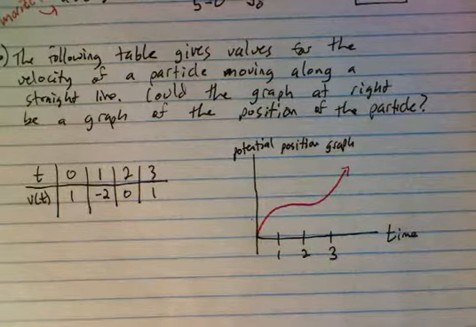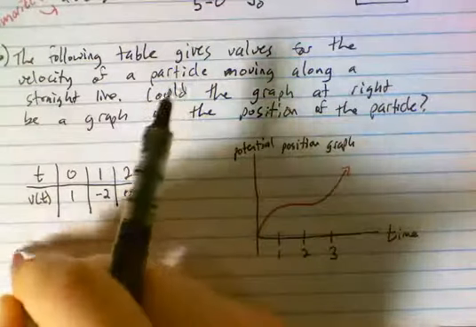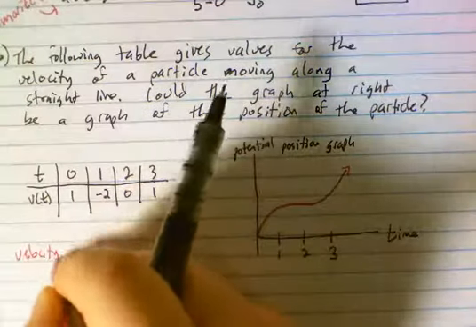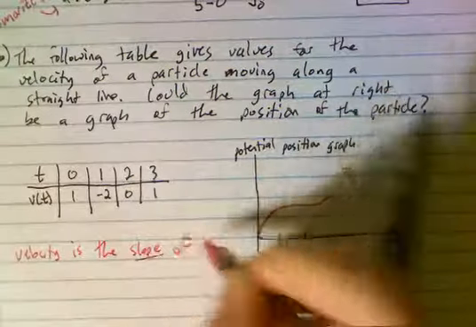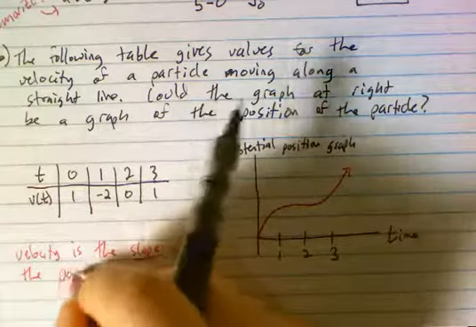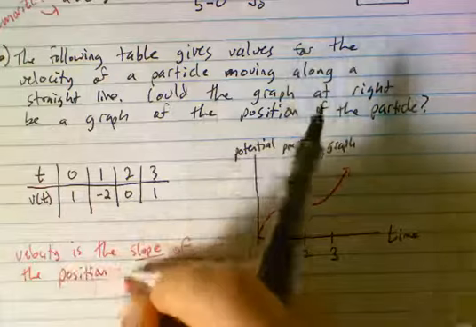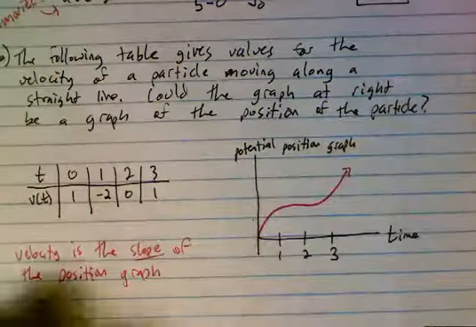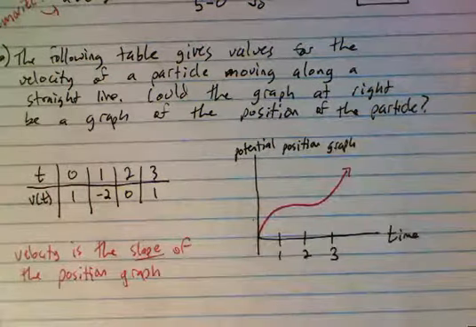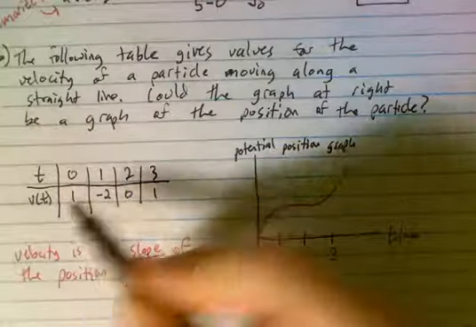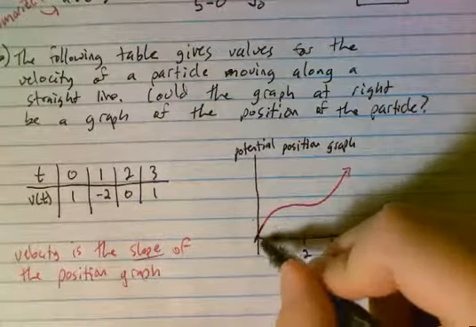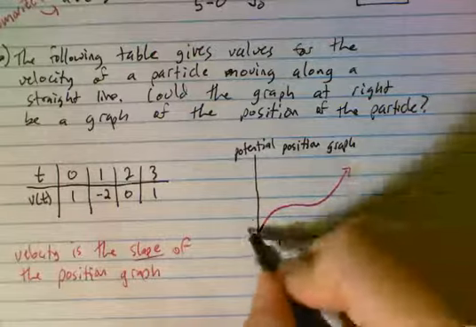So, one of the key things to remember, velocity is the slope of the position graph. So what this means is that at time t equals 0, the slope needs to be positive 1. Could be.